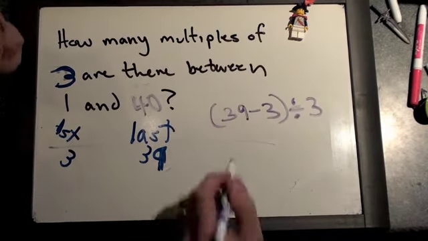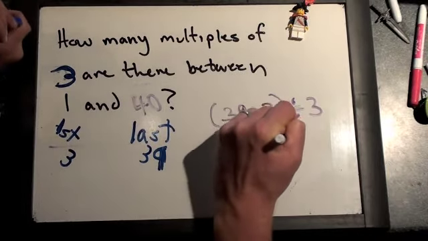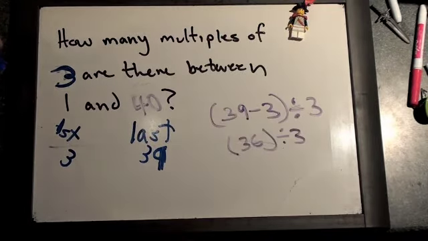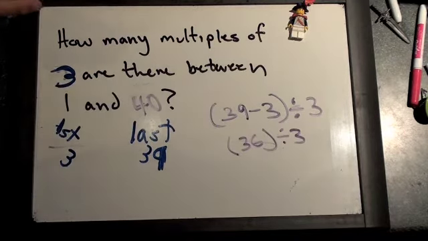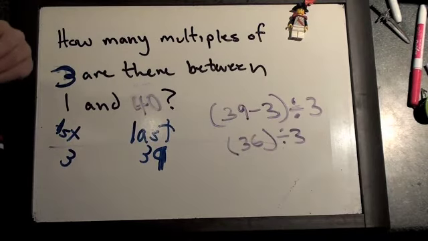Okay, so what's 39 minus 3? 36. Divided by 3. What's 36 divided by 3?